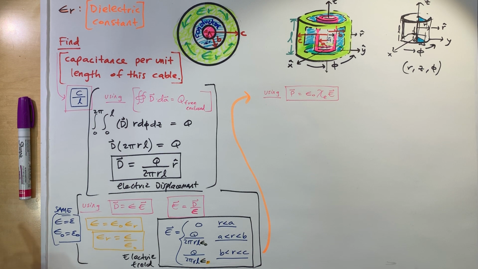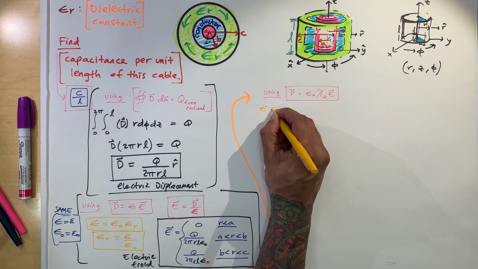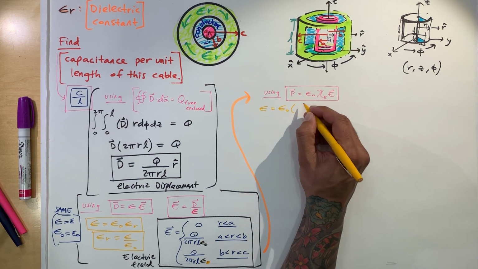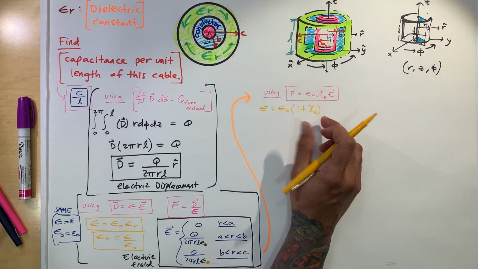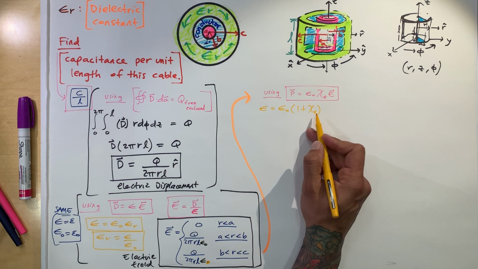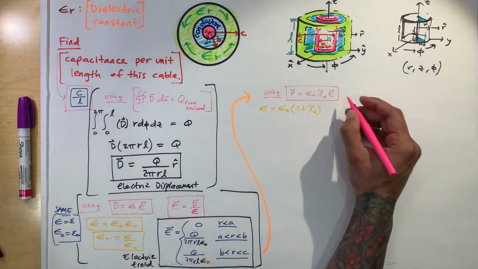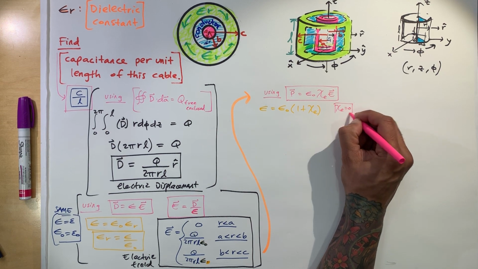Let's expand our representation for epsilon. Okay, we have epsilon equal to epsilon naught times (1 plus chi E) in parentheses. We can also write the absolute epsilon like this. Remember that chi E is 0 in a vacuum.